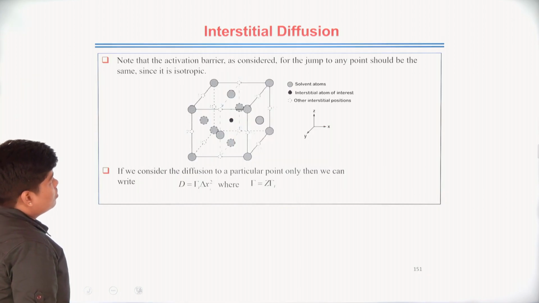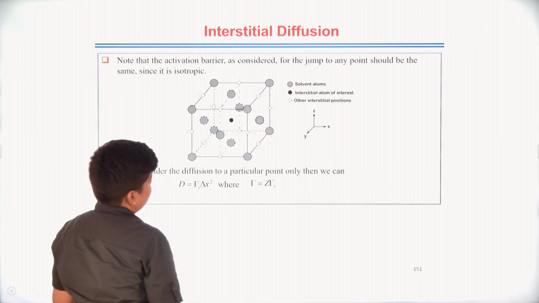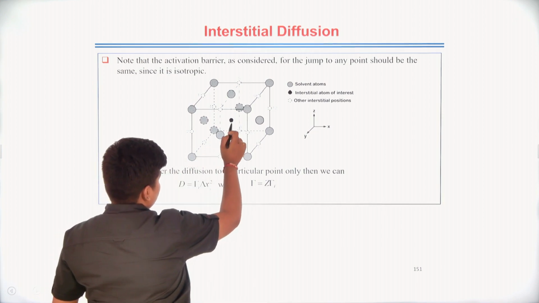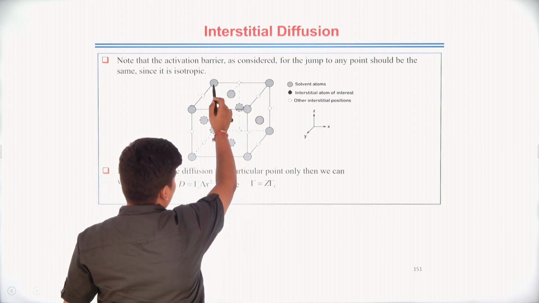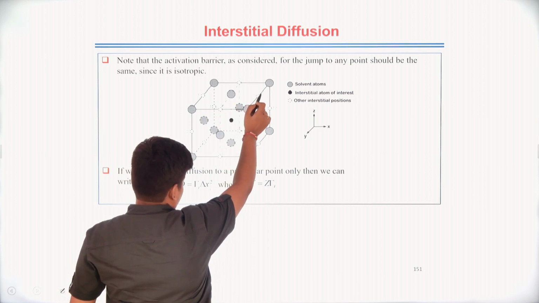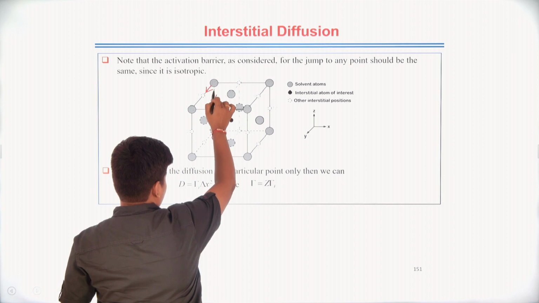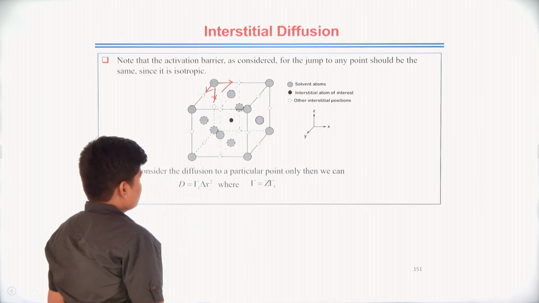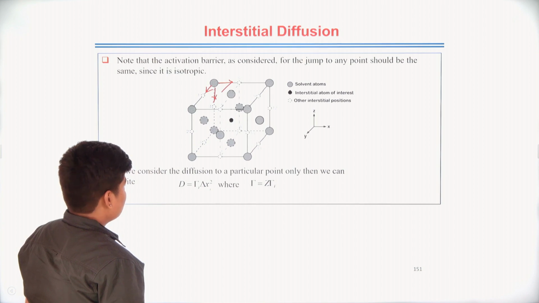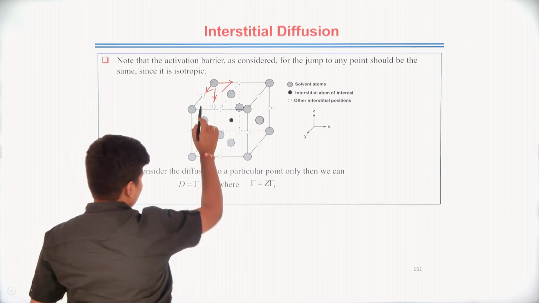So now, consider one cubic crystal. These are the interstitial atoms, and these are the interstitial vacancies. So these atoms can jump to this position, to this position, and also to this position. So you consider the diffusion parameter only at one point. So what will be the diffusion coefficient?